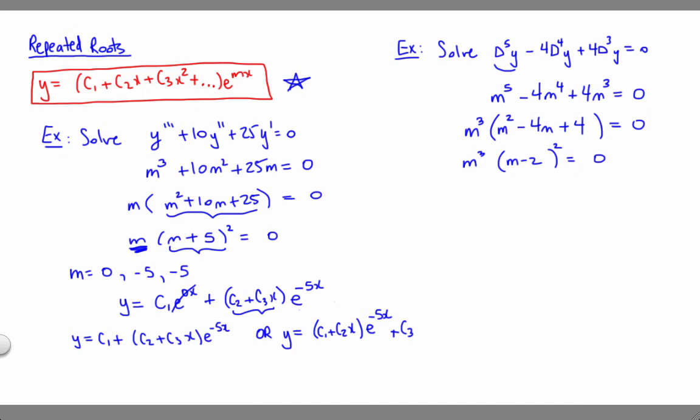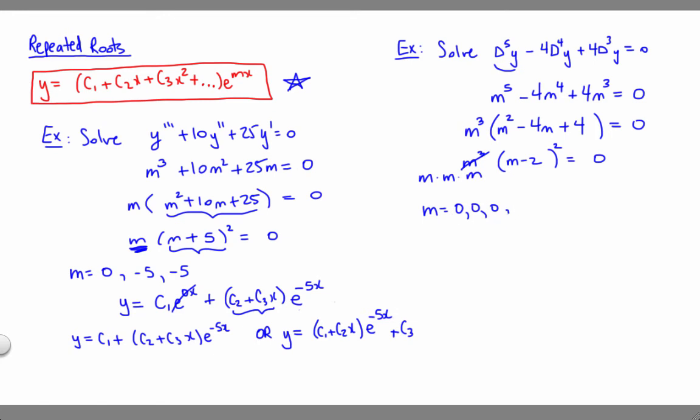So in looking at this m cubed, you could think of this as really m times m times m. So that reminds us that whatever root there is here is going to be repeated, and the correct root is 0. So we've got 0 repeated 3 times, or it occurs 3 times as a root.